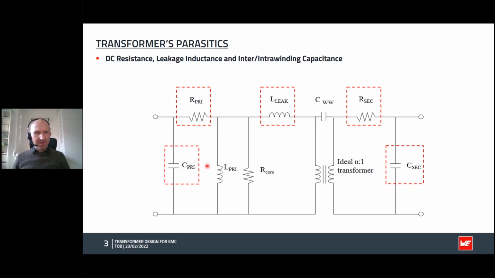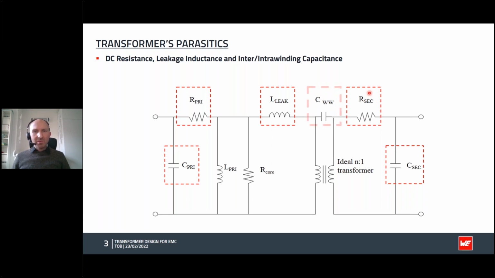Then often we have more than one layer of wire making up the primary, and so we have effectively a parallel plate capacitor between the layers, and these will have some capacitance. The capacitance is small, but when we have high switching speeds, it starts to cause some issues. So we have this intra-winding capacitance on the primary and again on the secondary side.